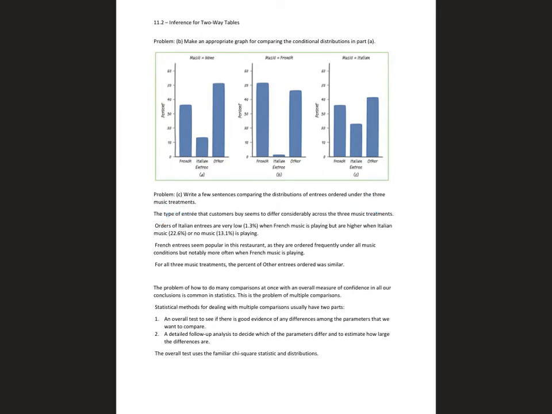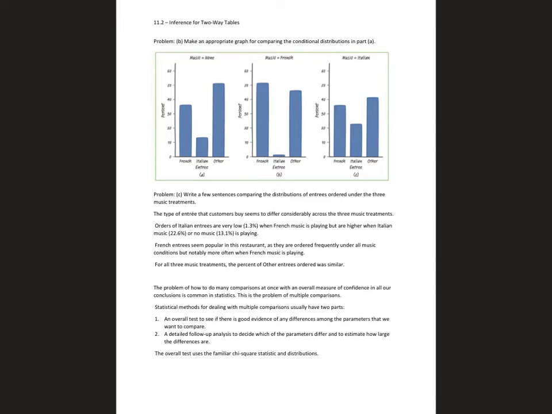So the type of entree that customers buy seems to differ across the three music treatments. Orders of Italian entrees are very low when French music is playing, but are higher when Italian or no music is playing.